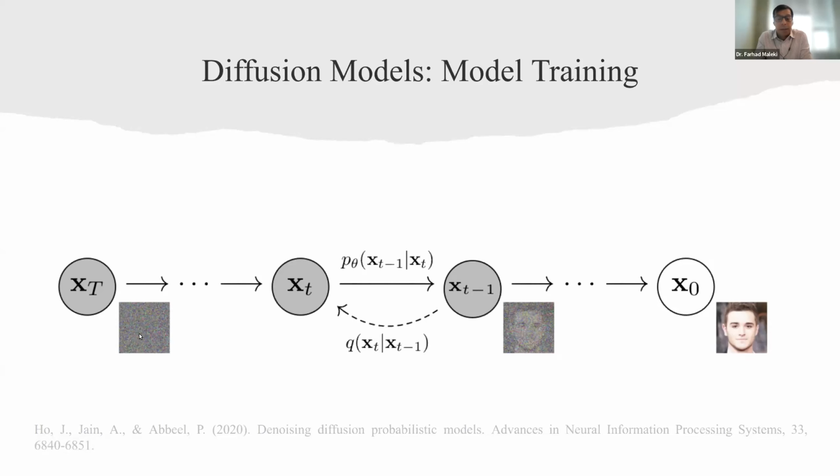This gives us a lot of examples that can later be used for model training. In the backward phase, however, we have a deep learning model, and given the image at each stage, this model tries to predict the version with less noise.